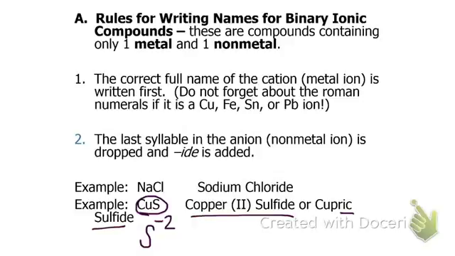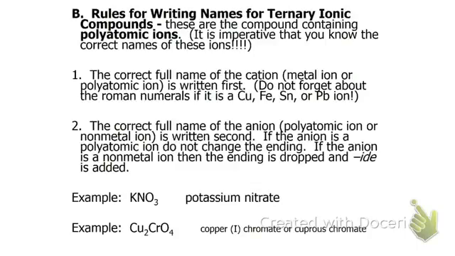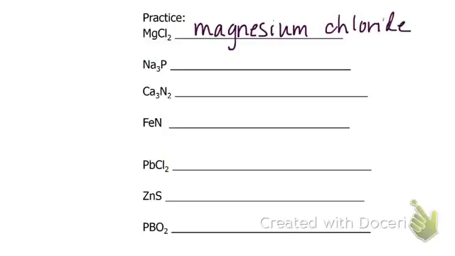Okay, so let's do some of these together. The first one would literally be just what? Magnesium chloride. Sorry, that's my fault. I forgot to hit the little button. Magnesium chloride. Okay, and then the next one. Sodium phosphide.